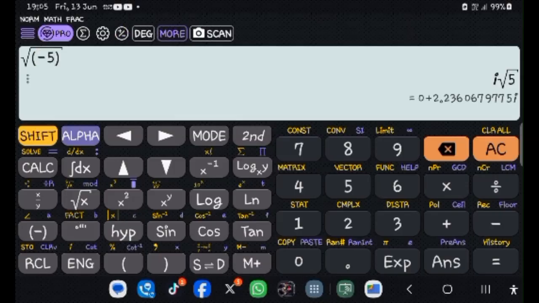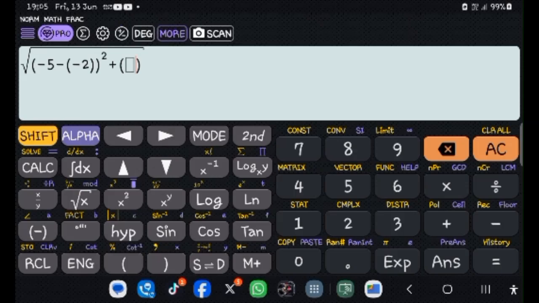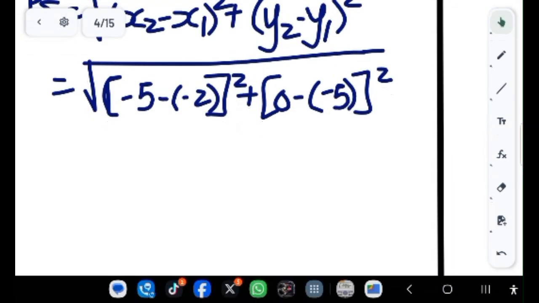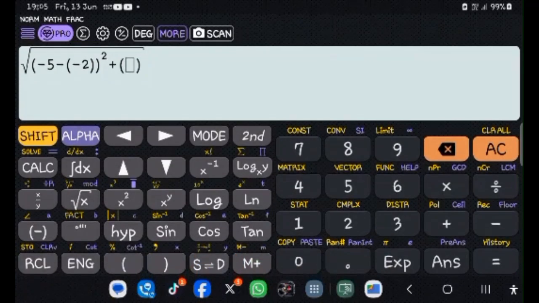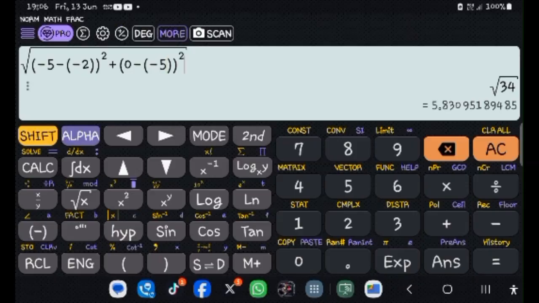Negative 5 minus, open bracket, negative 2 all squared, plus, then open bracket, we have 0 minus negative 5 all squared, and that will give you square root of 34 as well.